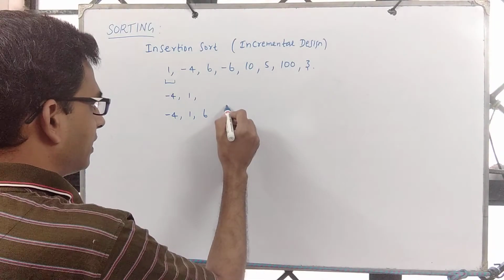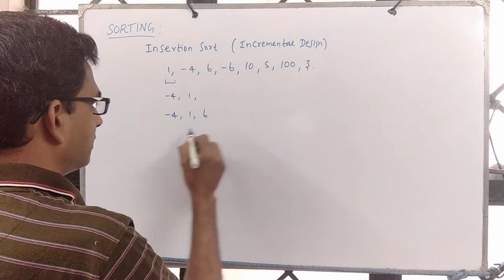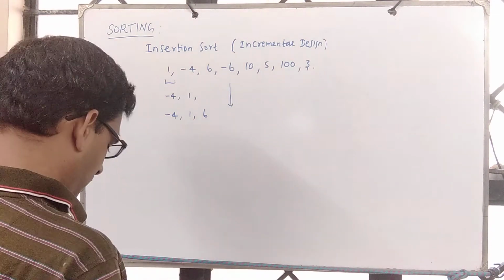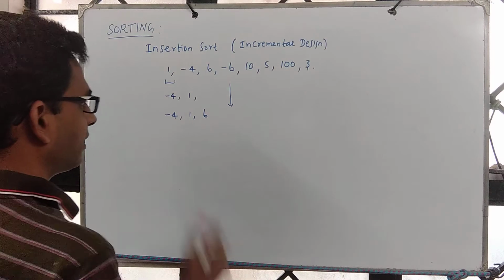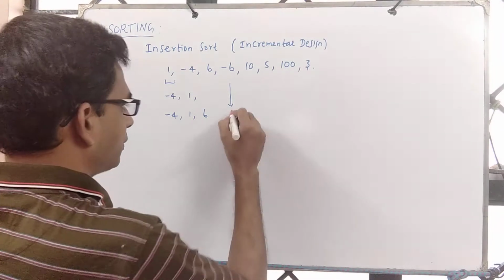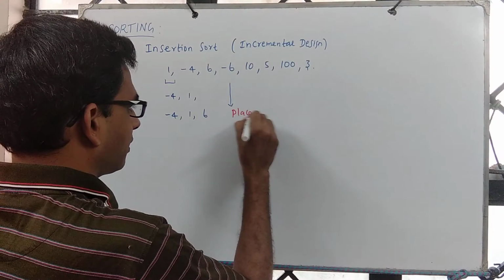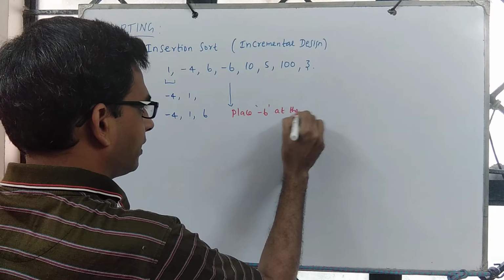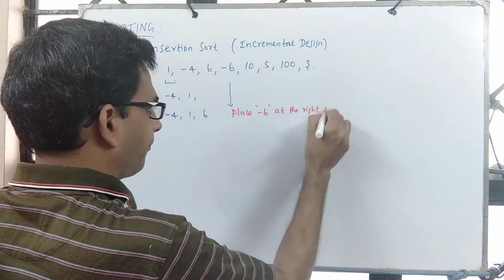Then after that, this comes. When this comes, you see that first three elements are sorted. So place minus 6 at the right position.